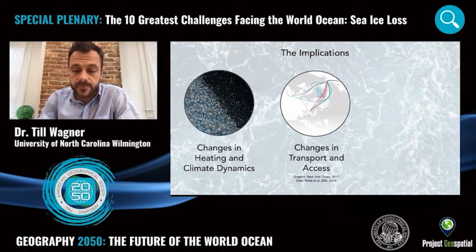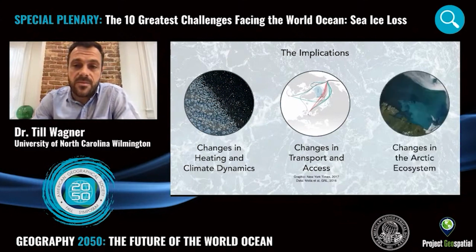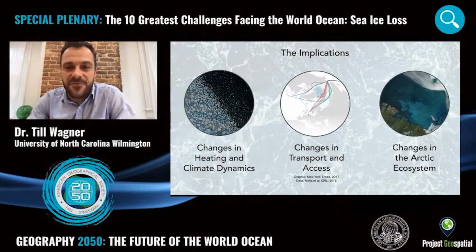And related to that, and in general, very important is the impact of sea ice on the Arctic ecosystem. So, as we all know, the Arctic ecosystem, especially the charismatic megafauna, polar bears and walruses, depend on the sea ice as their natural habitat, as their hunting grounds.